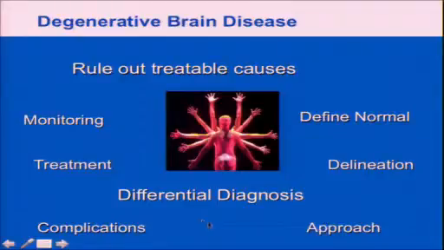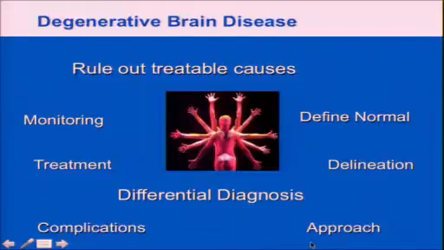Then we have to provide a differential diagnosis that may help in the treatment if a treatment is available. This differential diagnosis we can only give if we are able to define what is normal for a certain age group. We have to delineate specific changes in the brain.